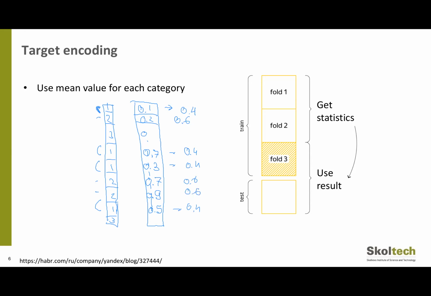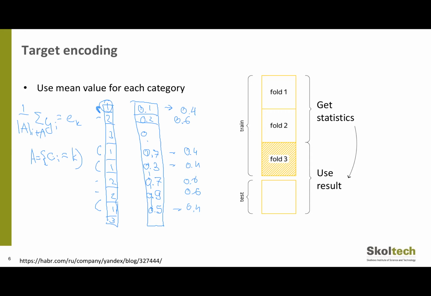So basically it equals the mean of the target values for this category, where A is all objects such that the categorical variable has the value K. This would be our encoding value for K. And with this, we replace the labels of the categories with some meaningful values.